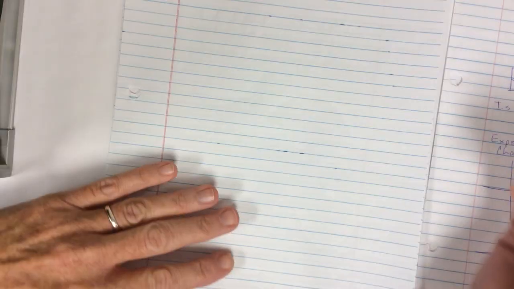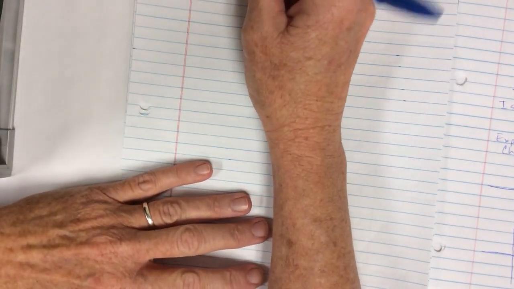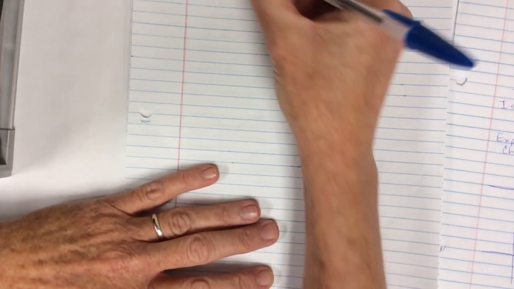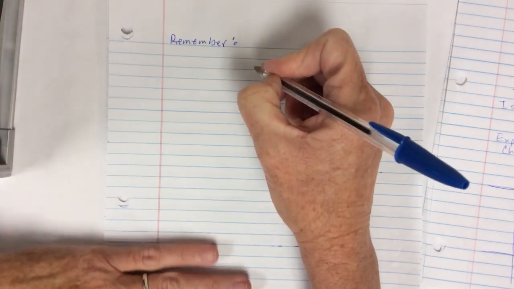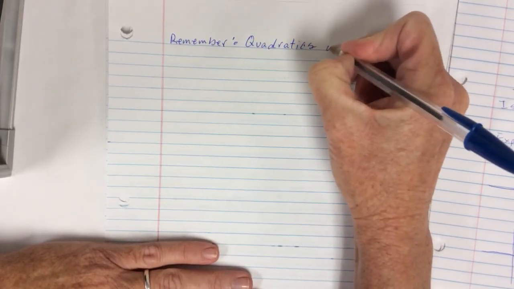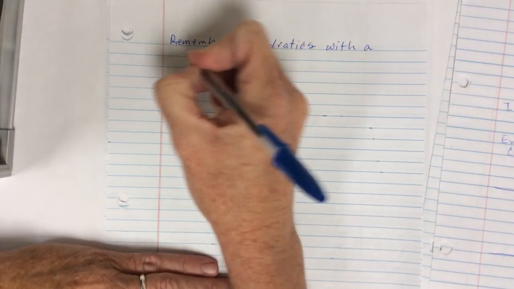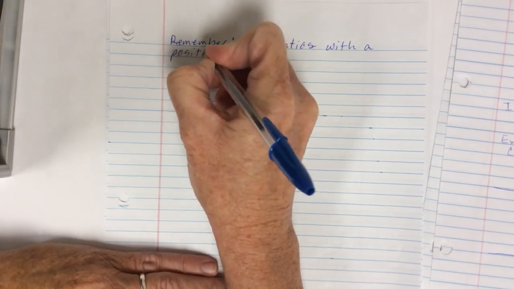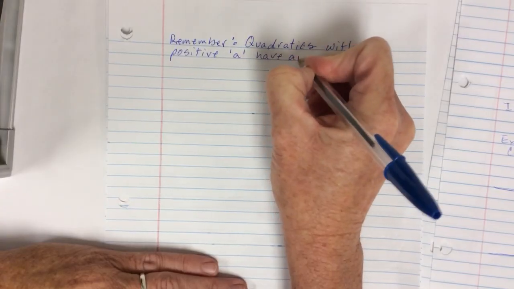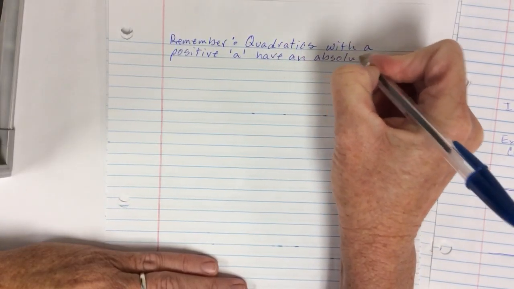Okay? Last part. We've already learned this part in class, and we want to remember that quadratics with a positive a have an absolute minimum.